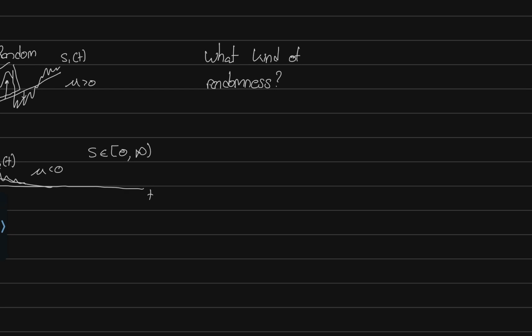Let's say my stock price is trading at $100. And let's say with some kind of a random movement, it can go up to 101, or it can go down to 99. Now, another random index that I'll take is, let's say it goes down to $9 and it goes up to $1,001.